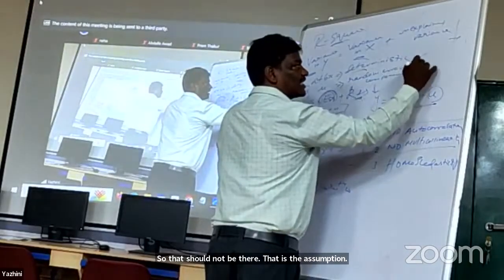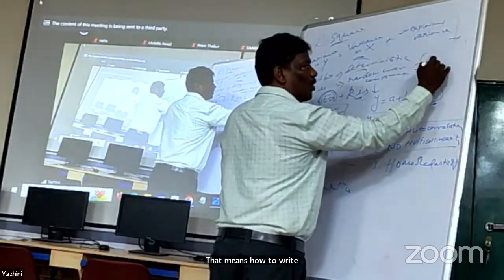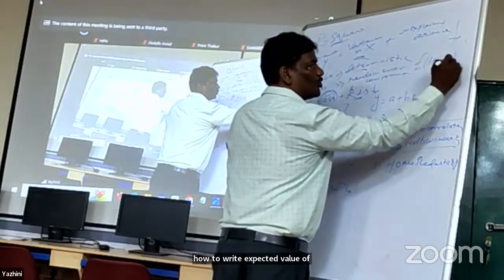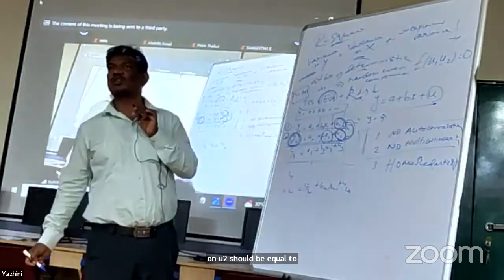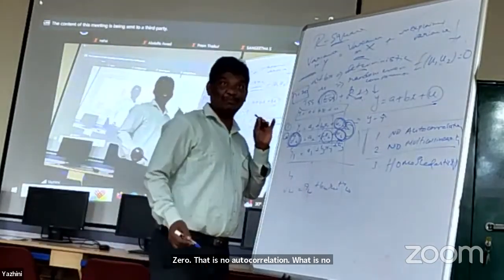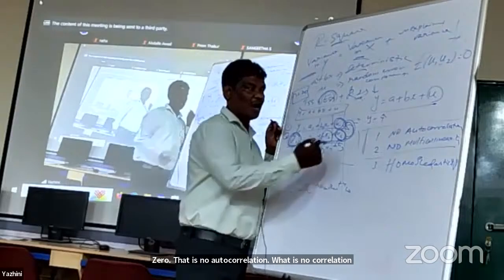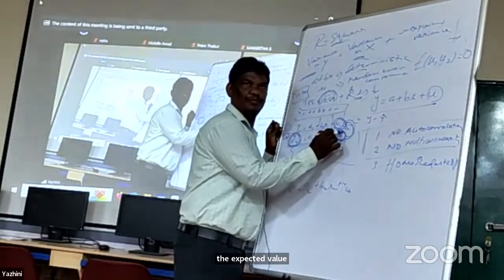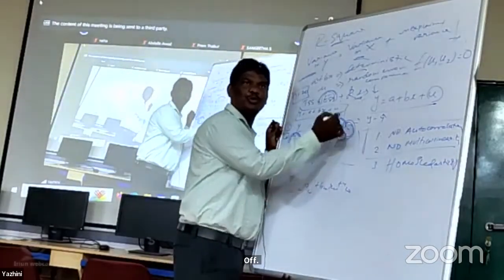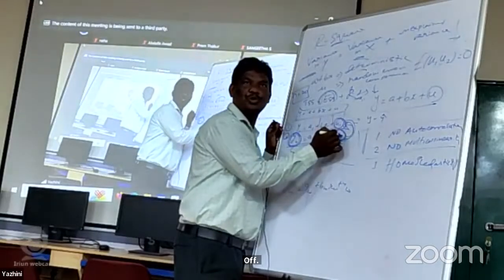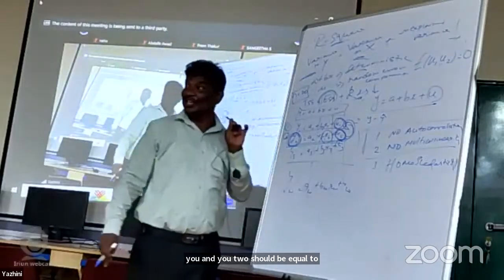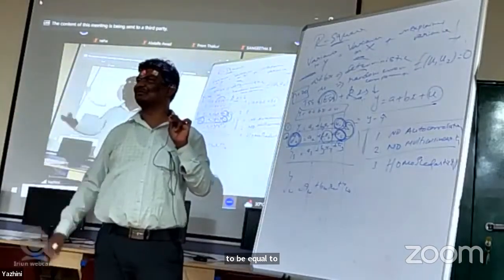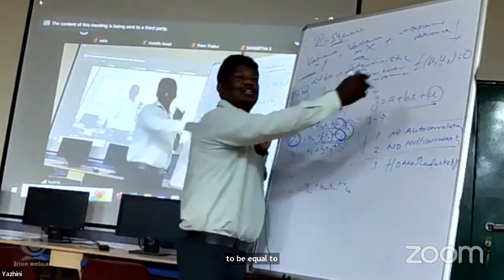How to write it? The expected value of U1 and U2 should be equal to 0. That is no autocorrelation. What is no autocorrelation? The expected value of U1 and U2 should be equal to 0. That means no autocorrelation. Suppose it is not equal to 0.